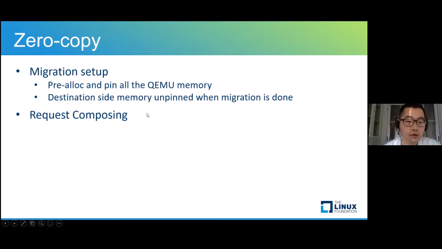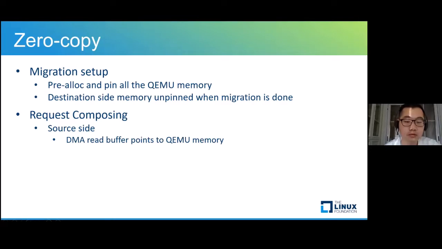So for the request composing, on the source side, we will set up a DMA buffer for the source device to process the memory. The DMA read buffer points to the QEMU memory. So the QAT device can directly do DMA read from the QEMU memory and then compress the guest data.